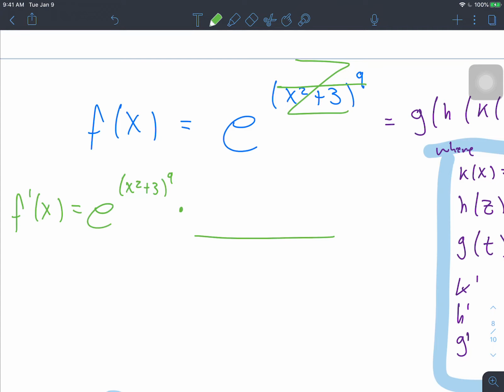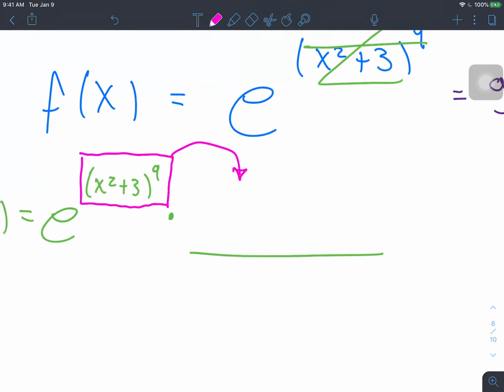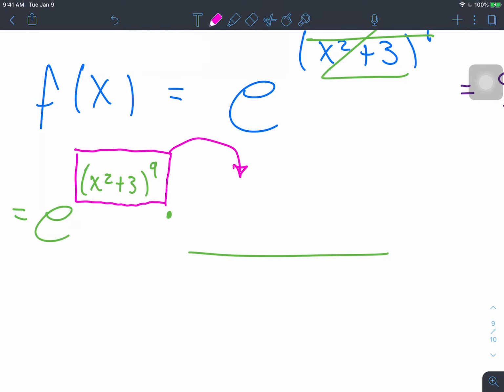Now, it is again a composition of functions. I want to color code this right. I want to write the derivative of this function in this blank. But I need to treat the whole inside as z, and I treat the function as z to the power 9th.